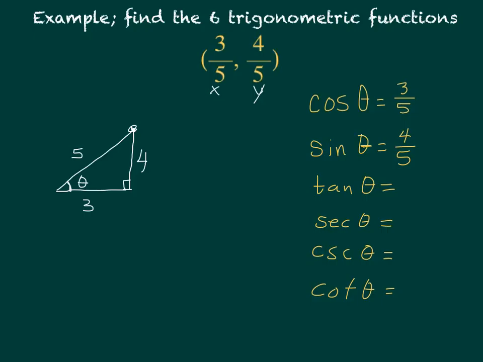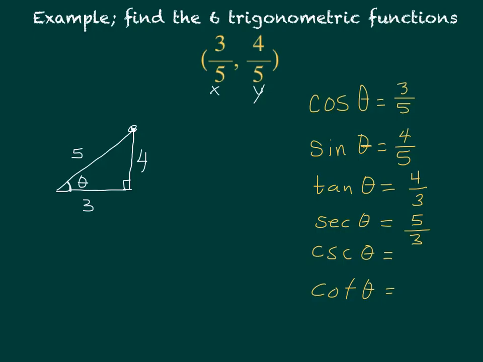Okay, so now the next thing I want to do is find the rest of them. So if I find tangent, tangent is opposite over adjacent, so that would be 4 over 3. My secant is the reciprocal of cosine, so I'm just going to flip that, and it's going to be 5 over 3.